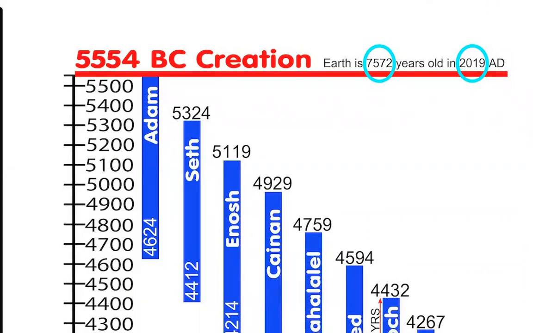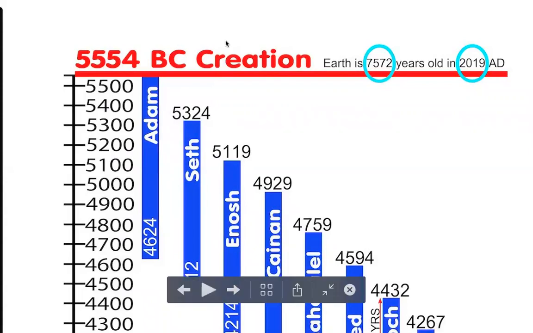And therefore, that's almost half of this entire chronology. If you add 2 more years to this, it'd be 5,556 BC creation. Notice not BCE, but before Christ creation.